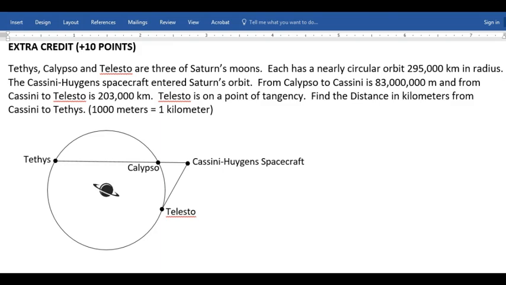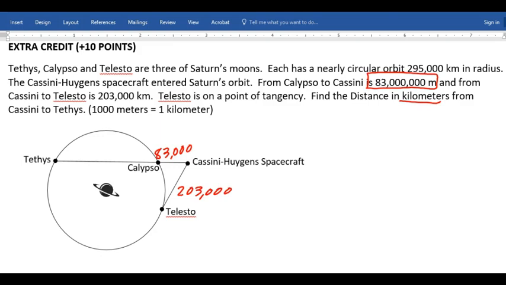So first of all, let's look at what we have. I noticed that this is in meters and we want our answer in kilometers. So we're going to convert that. We would divide that by 1,000. So this is 83,000 here. And then the distance from the spacecraft to Telesto is 203,000.